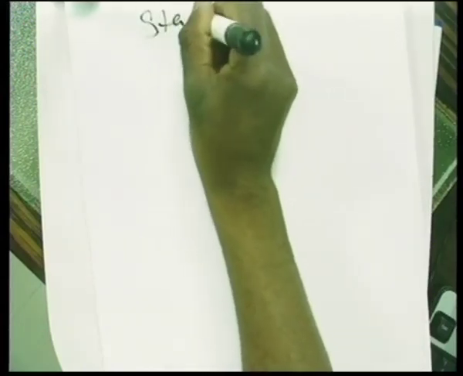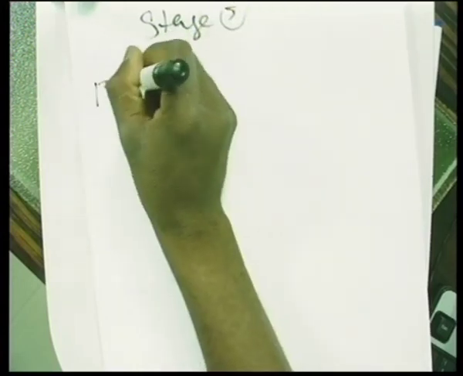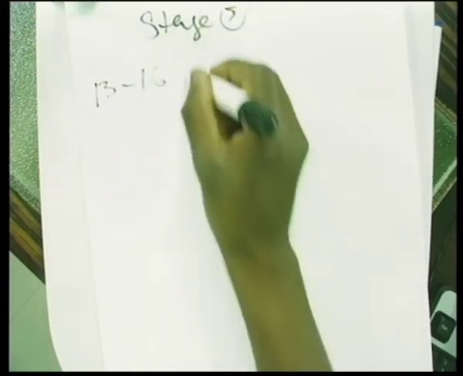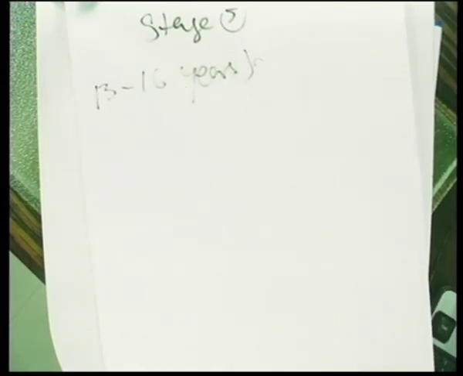And we look at stage 5. It is between 13 and 16 years of age. At this stage, learners will decide to continue drawing or view it as an activity without merit.